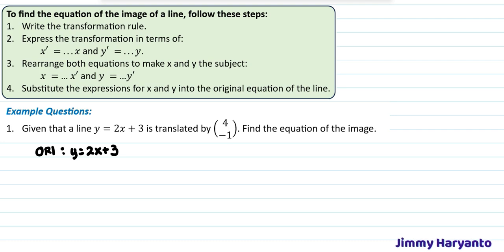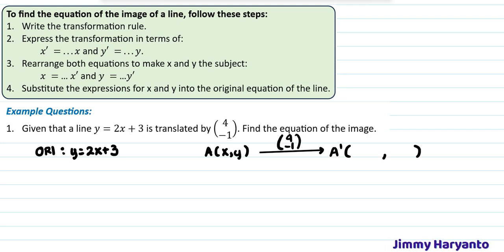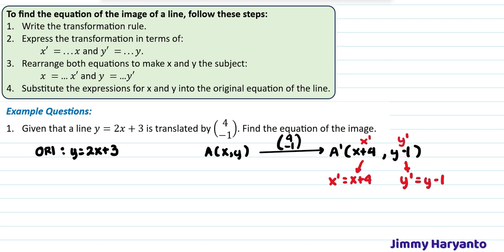That means the formula will be A open brackets x comma y, and then the transformation is translation 4, negative 1, and the A prime, according to the rules, will be x plus 4 and also y minus 1. That means this is the x prime and this is the y prime. And then from here, I will write x prime equals to x plus 4, and y prime equals to y minus 1.